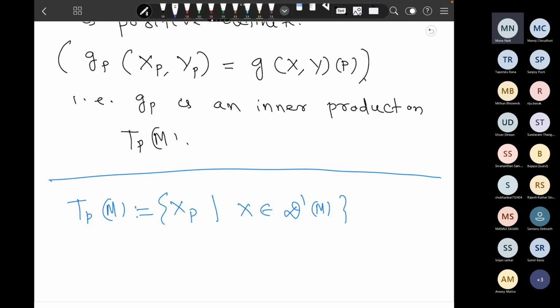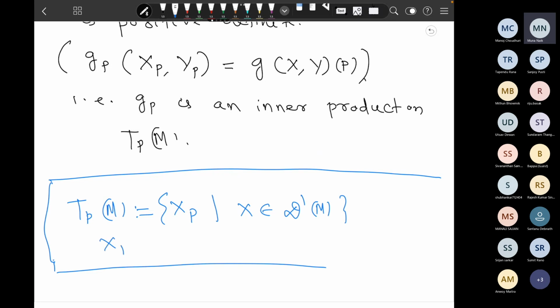This is the same thing. And how is Xp defined? Xp of f is defined by Xf of p, where f belongs to C infinity.